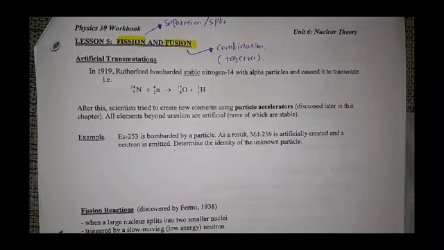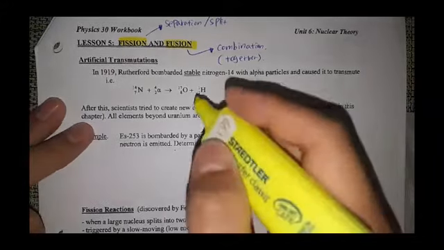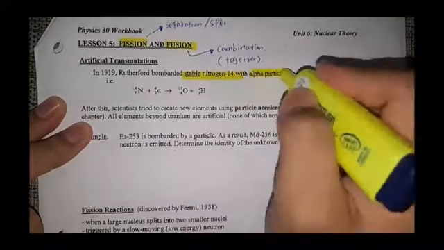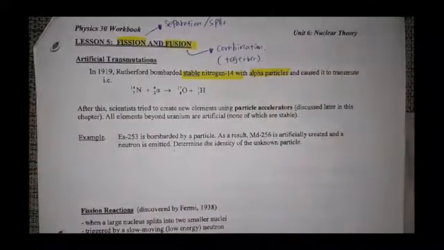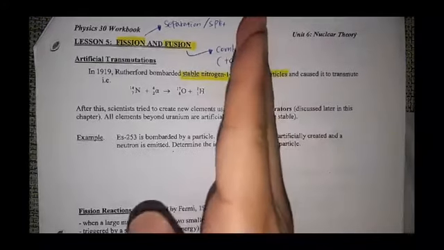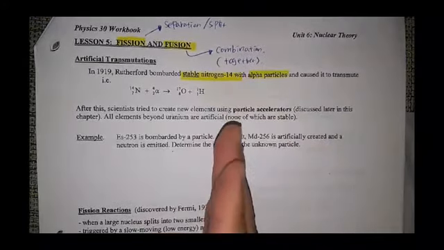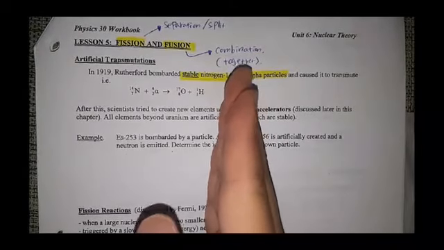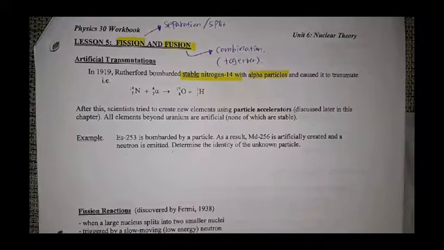So this is what he used. With gold, he found that an alpha particle going directly towards the gold atom almost reflects back.